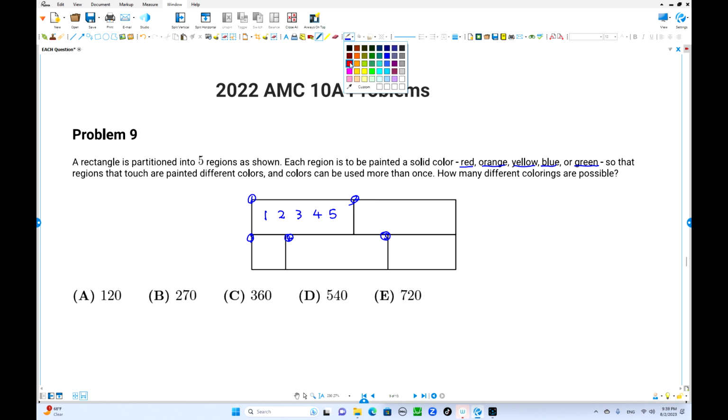If the first one uses number 1, then for number 2 only 2, 3, 4, 5 are available, right? So I'm going to write down 2, 3, 4, and 5 available. 4 numbers available.